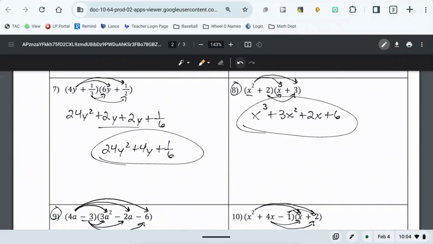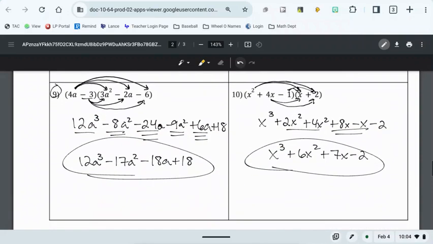Fractions again. Remember, fractions are fine. We can still distribute the exact same method with it. And this one we get 24y squared plus 4y plus 1/6. And then number 10. This one, so we have the set of parentheses. The first set of parentheses has 3 terms, where we're used to seeing 2 or 1. And it's the same process.